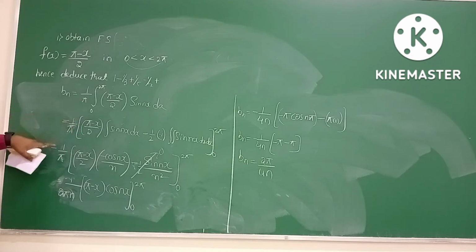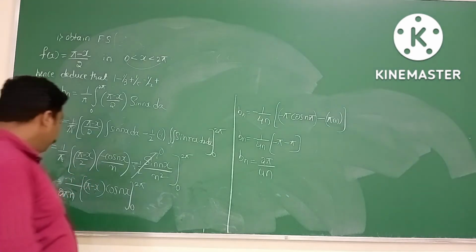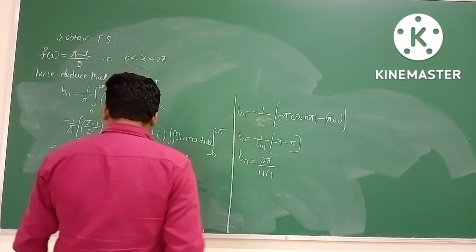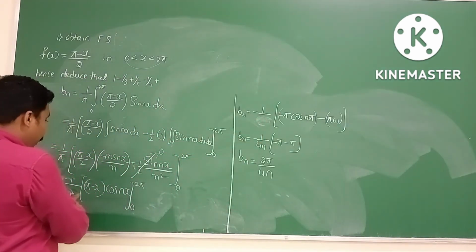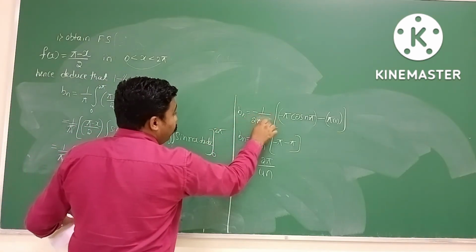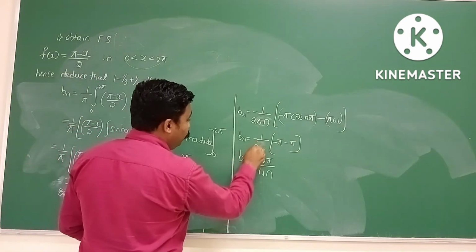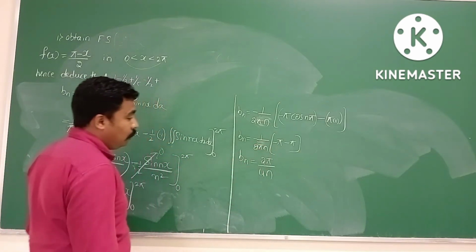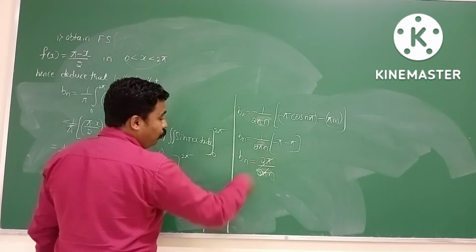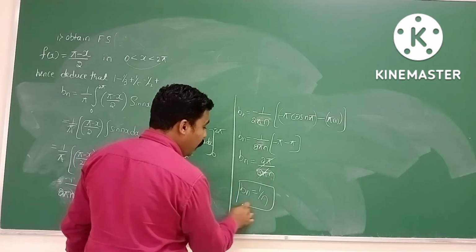So this is minus 1 by 2 pi n, pi minus x. This is also 2 pi n. 2 pi cancel. bn equal to 1 by n.